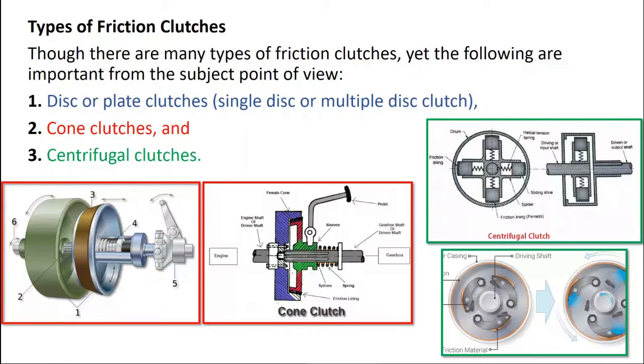At the very beginning, when we are rotating at very low speed, this will not come in contact with the outer drum. This is your outer drum, white color, and on the inside of the outer drum there is your friction lining in orange color. Inside, this is your driving shaft, and there are three members on which these friction materials are attached. When it is rotating at low speed, there is no contact.